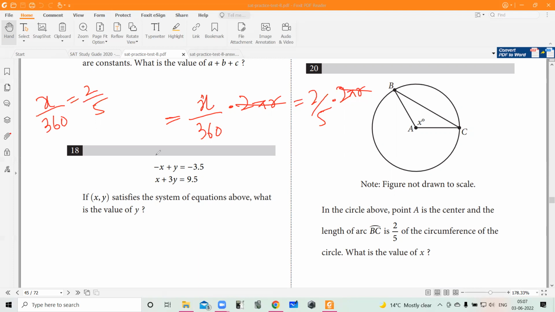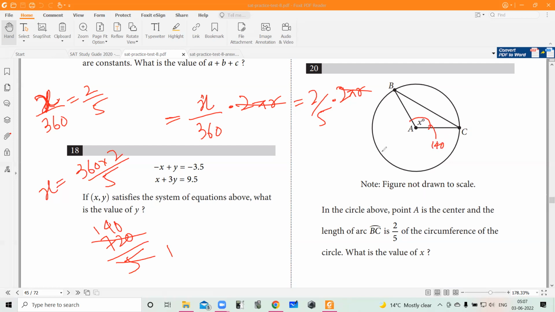So x is equal to 360 times 2, which is 720, over 5. 720 divided by 5 is 140. So x is equal to 140.